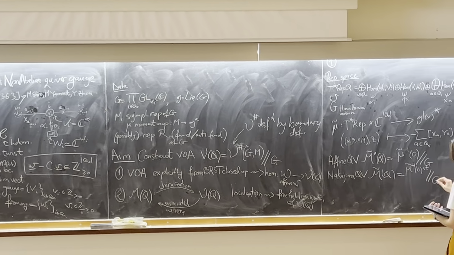And the relative part comes from looking at the subcomplex which is annihilated by b0, so by the zeroth mode of the B ghost, and J0 alpha, which imposes gauge invariance.